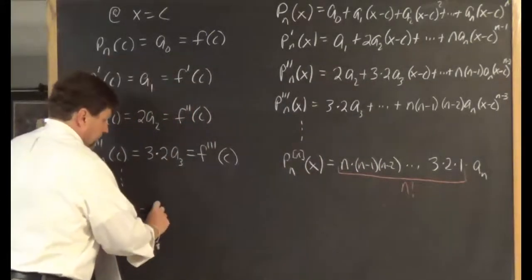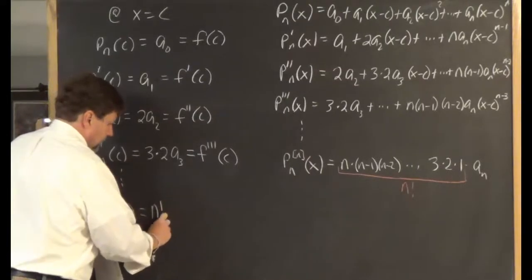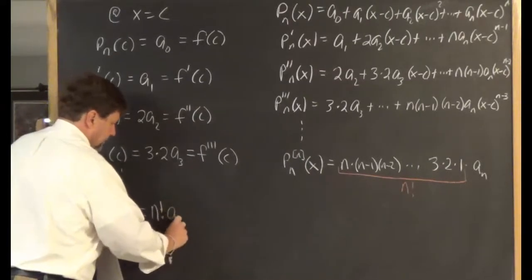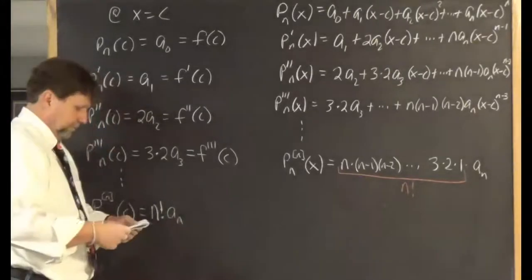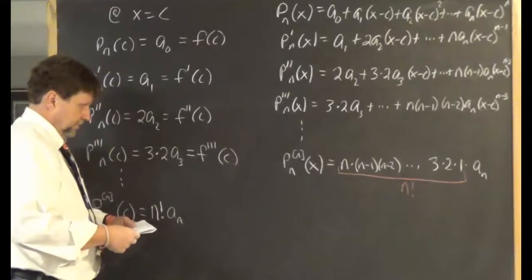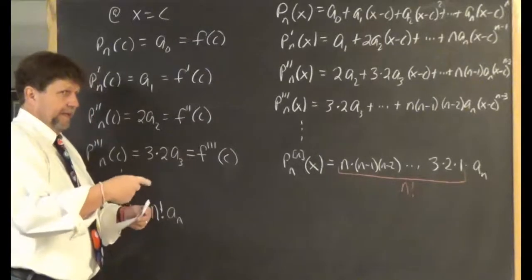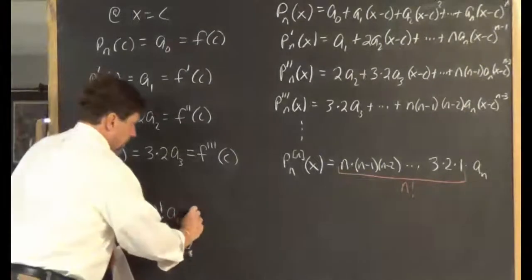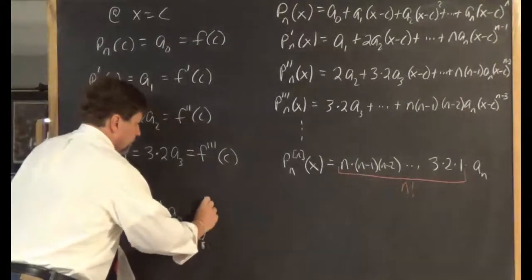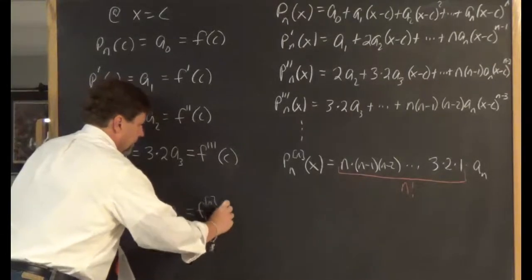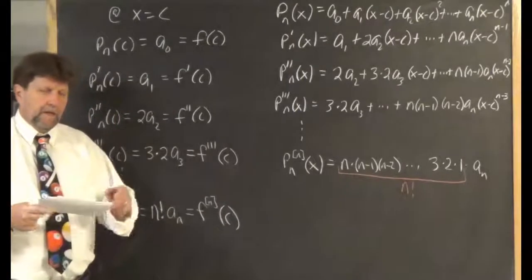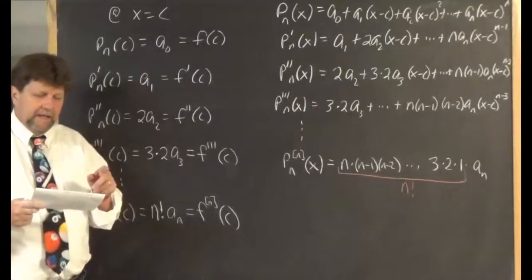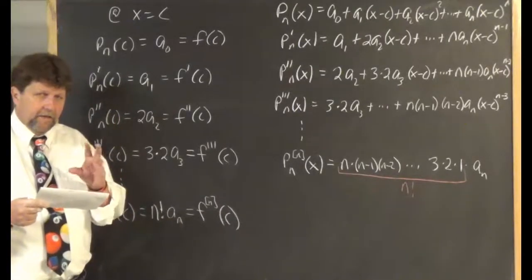So we have n factorial times a sub n, which we want to equal the nth derivative of the function evaluated at c.